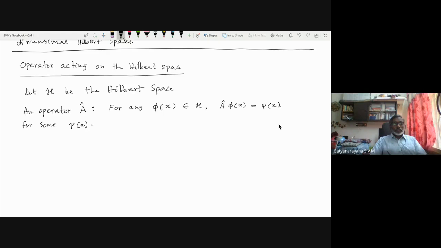The first concept is the domain of the operator A. Domain of A, and denote it as D_A. So what do we define this domain as?